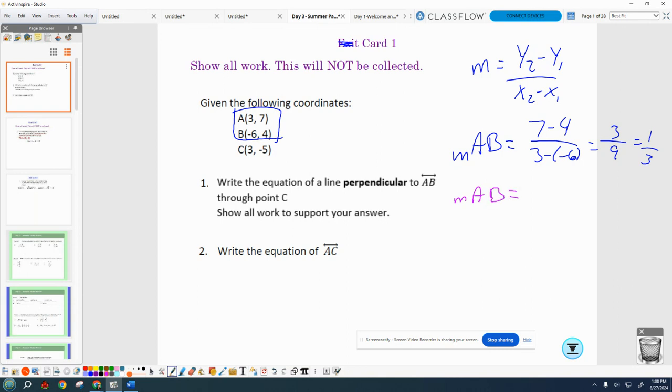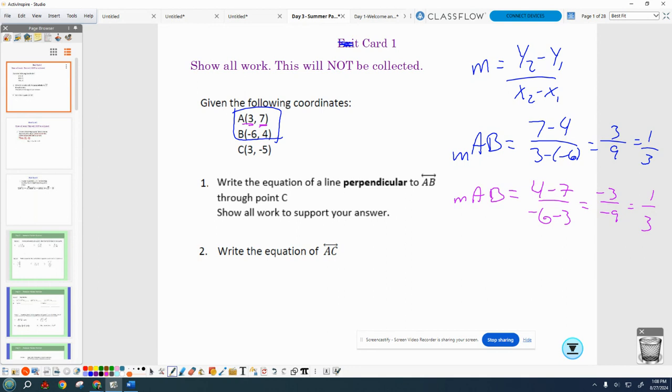Let's say Hannah wants to do it this way. She did 4 minus 7 and negative 6 minus 3. Is she also correct? Yes. Whichever way, if you choose that y value first, choose its counterpart first in the denominator to make sure you get the slopes right.